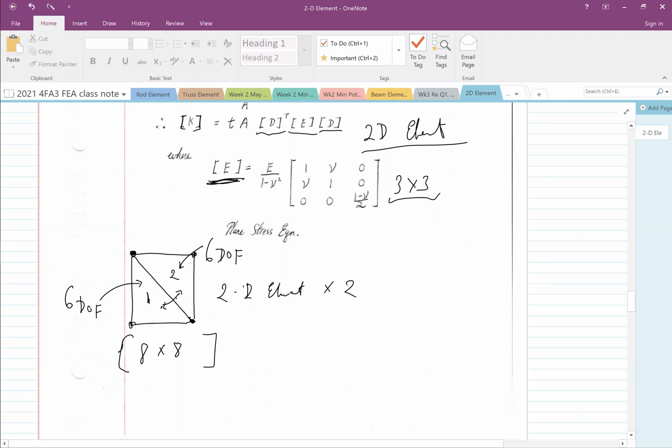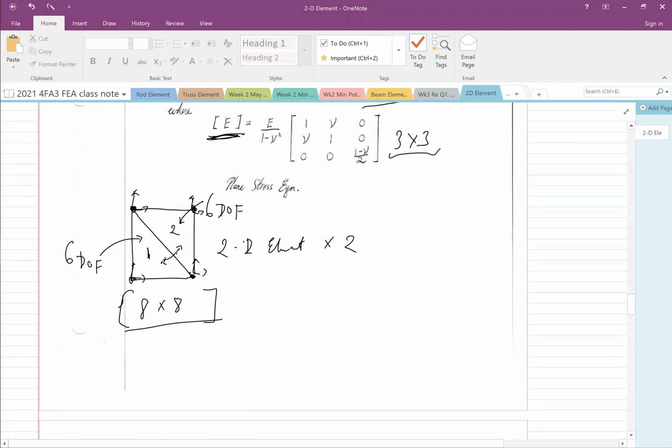Because they share 4 degrees of freedom, it becomes 6 degrees of freedom plus 2 more. And also you can find out the degrees of freedom by counting how many nodes in total. Each node has 2 DOF, right? Each node moves in X and Y. So 4 nodes, 8 by 8. Any questions? Let's move on and do an example.